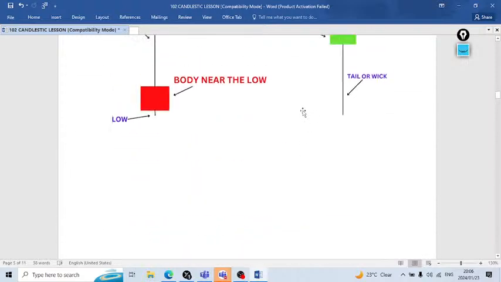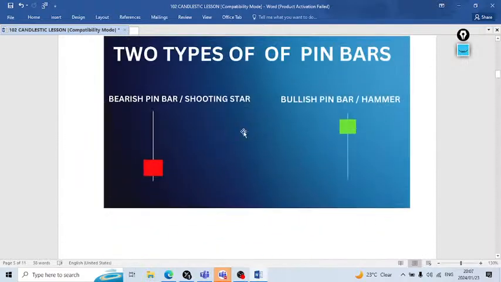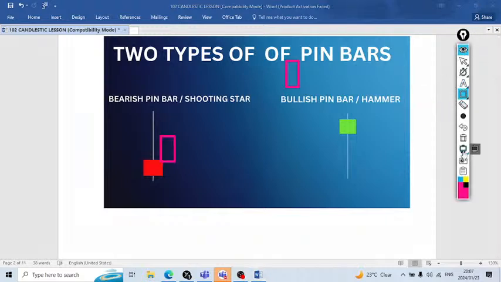So let's quickly go to this one. Let me start with the bearish pin bar, which is a shooting star. We are focusing on this one. Why is it that in most cases when there is an appearance of these pin bars, the market will tend to reverse? Like what we established when explaining the different parts of a candlestick, this candlestick will open at this opening price.